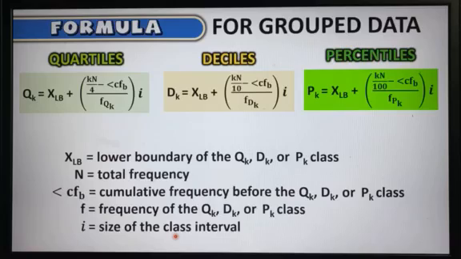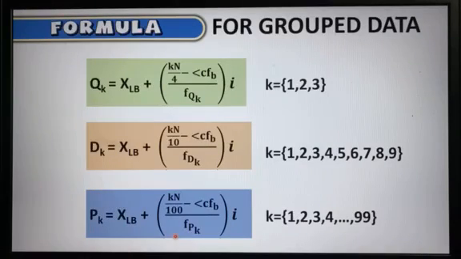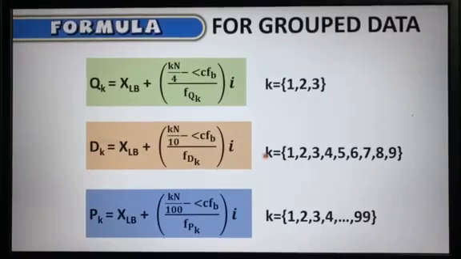Another concern is the value of K. When we are required to solve for quartile, and we all know that there are 3 score points for quartile, the value of K can only be 1, 2, or 3. For deciles, the range of values of K is 1, 2, 3, 4, 5, 6, 7, 8, or 9.